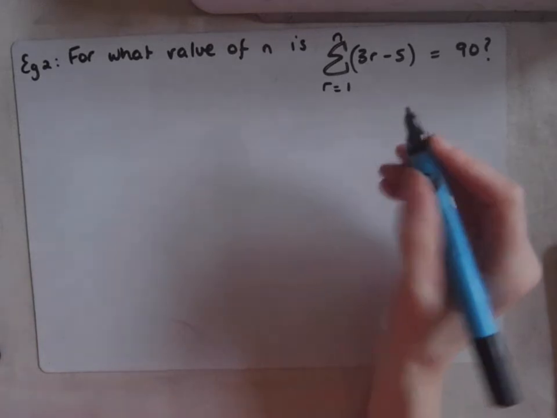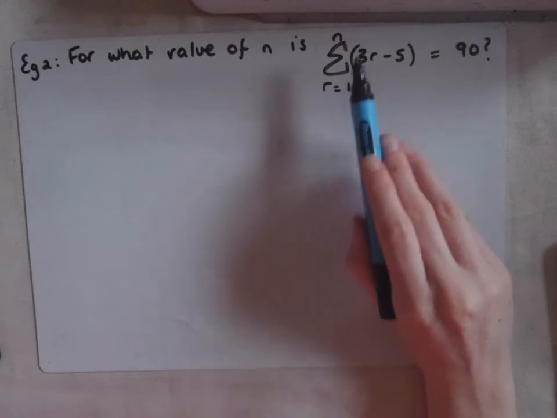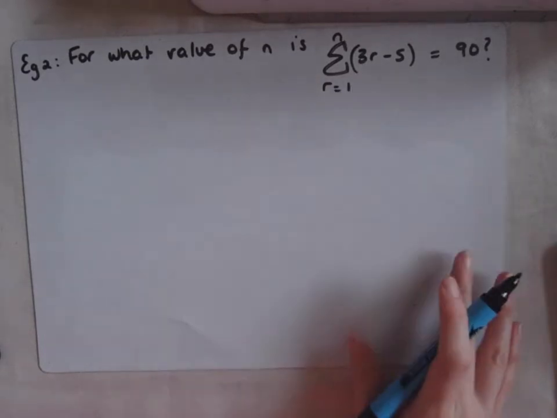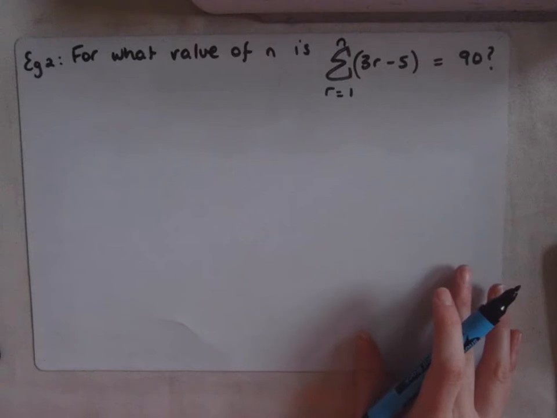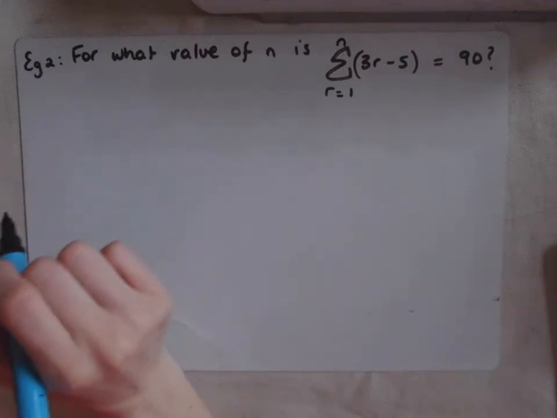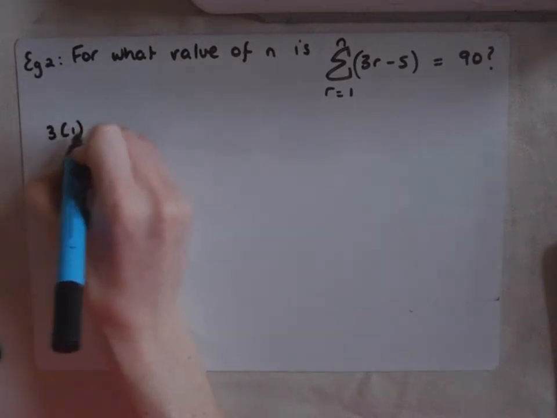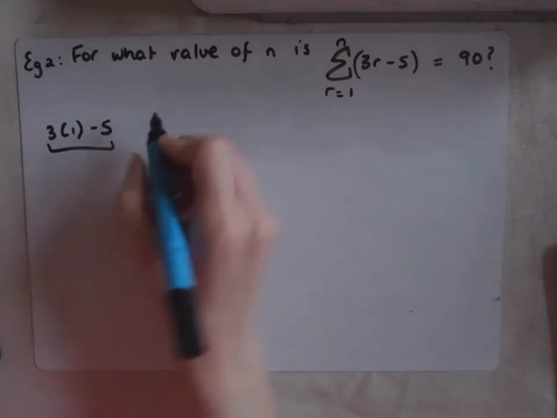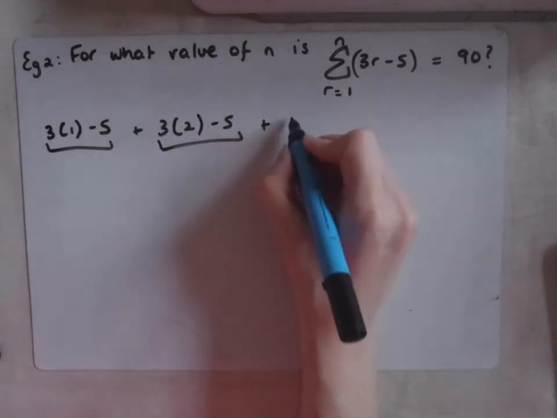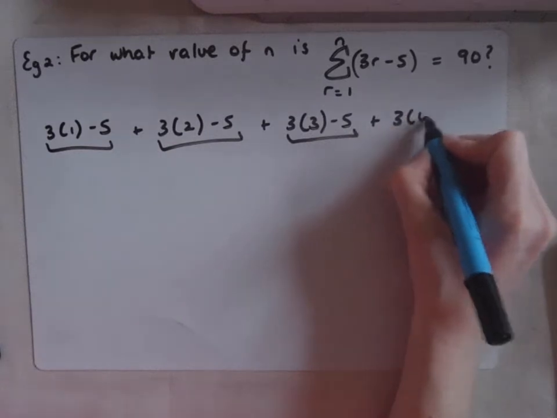Okay, so my series is 3r minus 5, and r goes from 1 up to n. So I can fill in 1, 2, 3, 4 and get a series of numbers that I can work with. To get my series, I'm going to do 3 times 1 minus 5, 3 times 2 minus 5, and 3 times 3 minus 5. I'm just going to do a few terms.